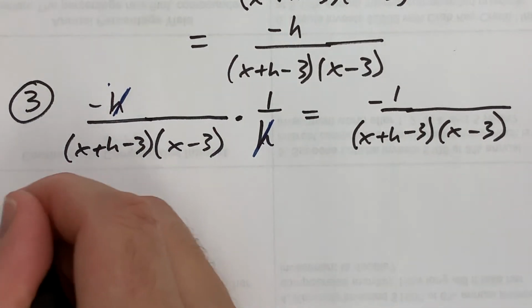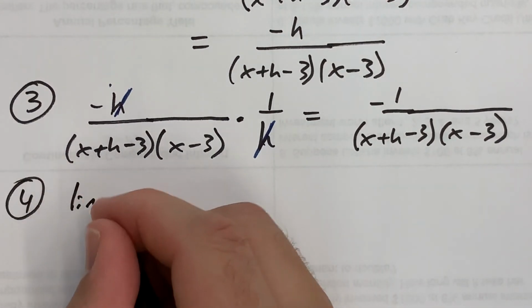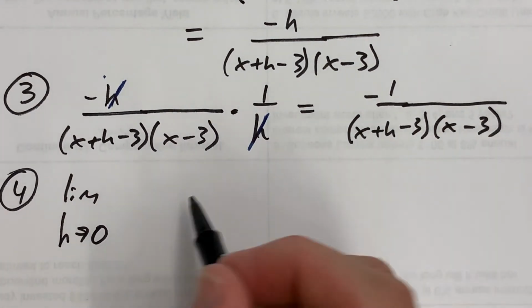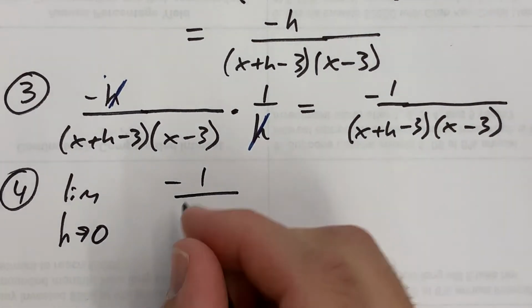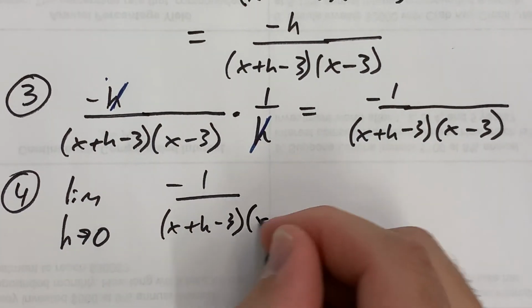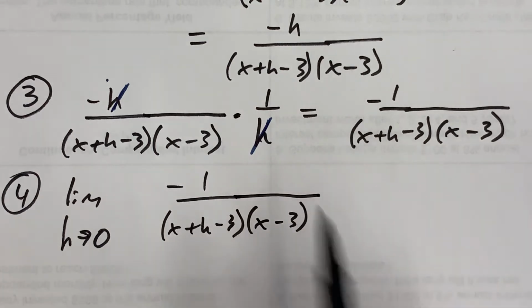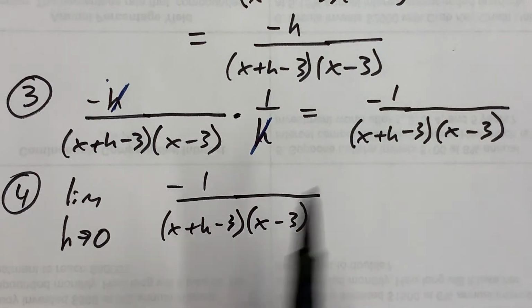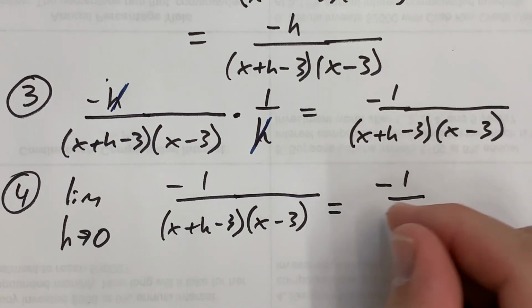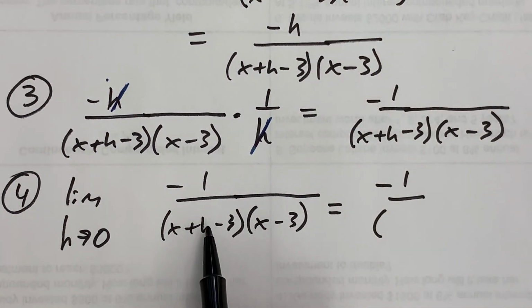So, last step, 4, take the limit. Limit as h approaches 0 of negative 1 divided by x plus h minus 3, x minus 3. Okay, now we're good. If I plug in 0 using direct substitution, this is what I end up with. Negative 1 divided by x minus 3, and then there'll be two of them, right?